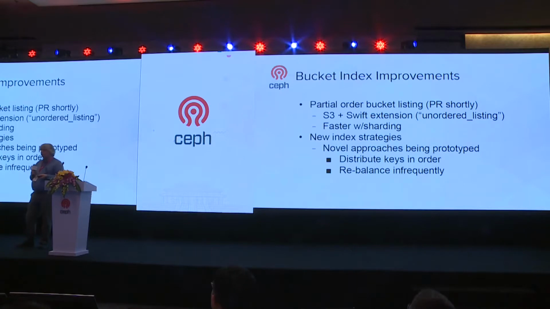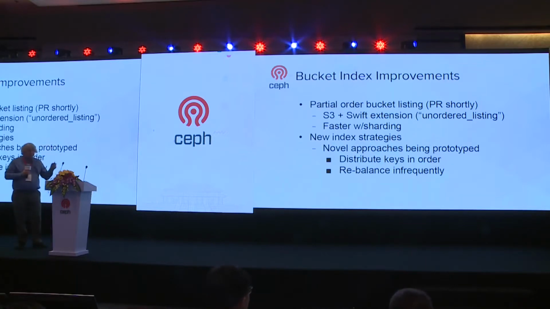So there's work ongoing now to implement a complete reorganization of the bucket index strategy that transforms the shards into partitions that contain flexible ranges of objects, such that the entire range across all shards is in key order.